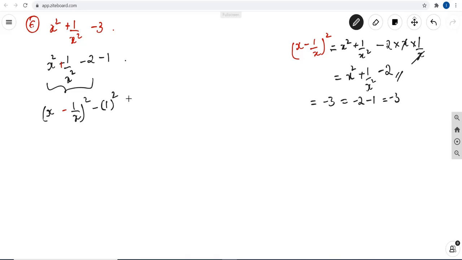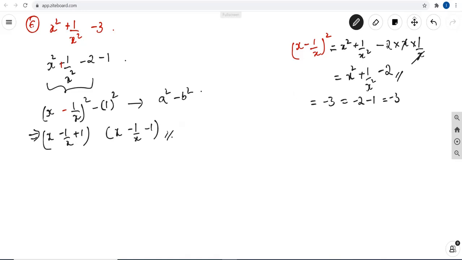So this is again in the form of a square minus b square. I can rewrite this as x plus 1 by x, and one more term is x minus 1 by x, the second term. So these are the factors of problem number 6.